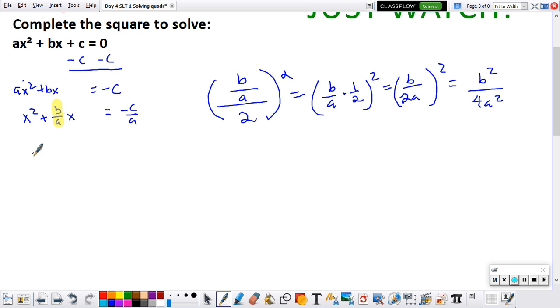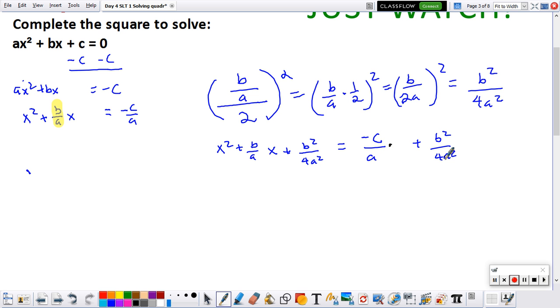So I'm going to have x squared plus b over a x plus b squared over 4a squared equals negative c over a plus b squared over 4a squared. You'll see I left some space here on purpose because I want to be able to add these together. I know, crazy, right? Common denominators.